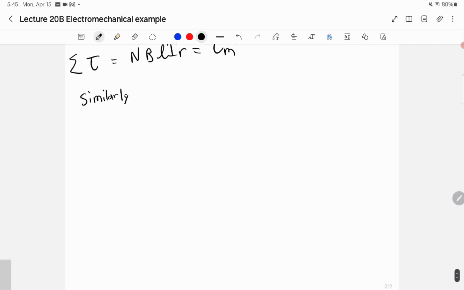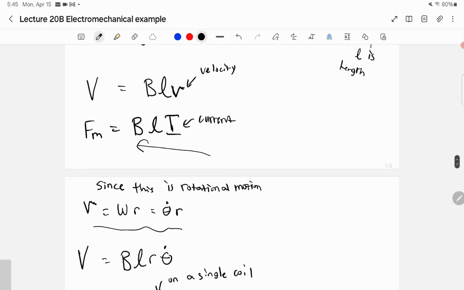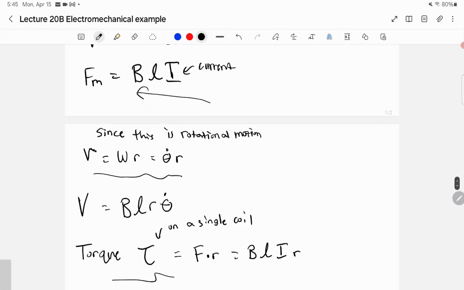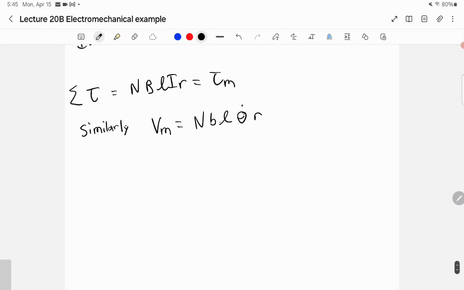Because what I really want, Vm is going to be equal to n times BL times theta dot times R. So this is true for, and then we actually will define this constant Ke as n BL times R, because it shows up so many times in the motor.